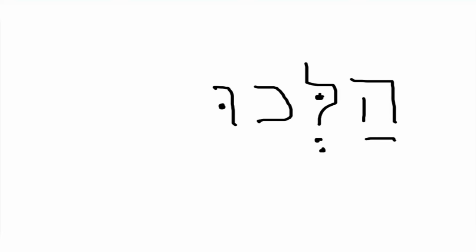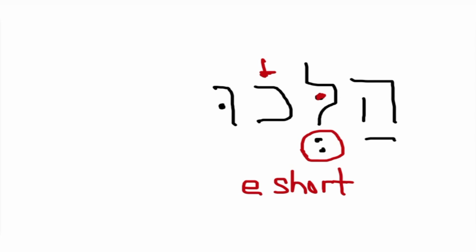Okay, your indicator is your dot, right? And this is going to indicate to you that this is said as a short e sound. Okay, so this word is, hope you got it right, ha-le-chu. Remember that this letter over here is guttural. Ha-le-chu. Okay, let's go to another word.